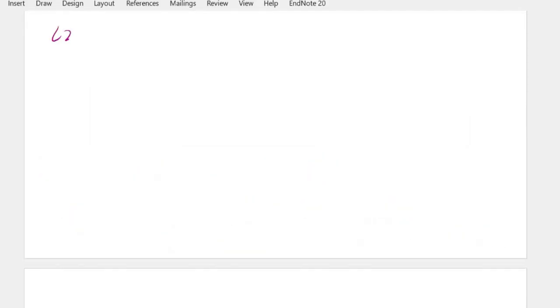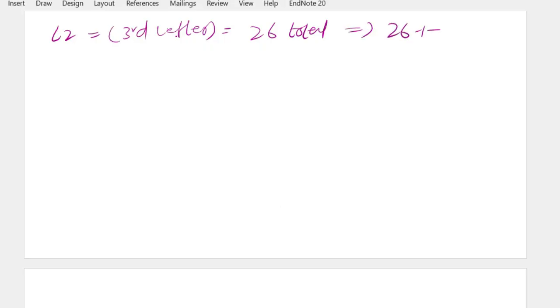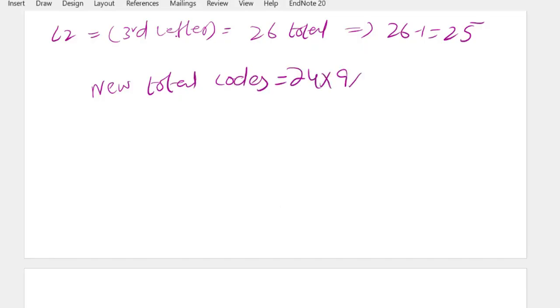And the last one is L2, the third letter, for which we have 26 total. L1 is used, so 26 minus 1 is 25 options. Now the new total code count equals 24 multiplied by 9 multiplied by 25 multiplied by 5, which is 27,000.